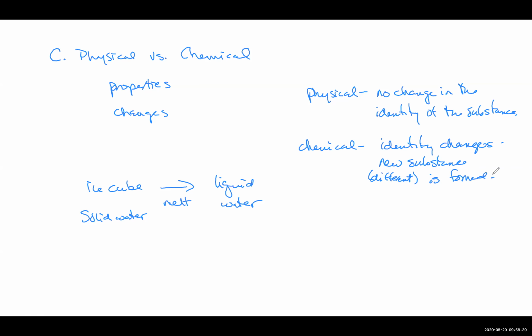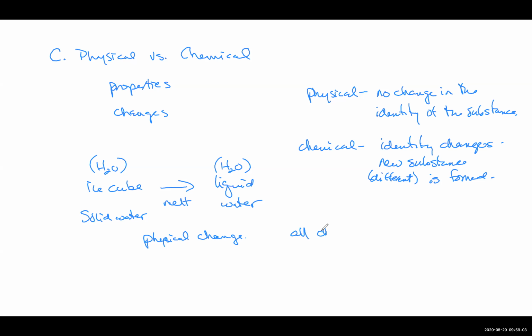So with that piece of information, what do you think? An ice cube melts. An ice cube is water, H2O. Liquid water is H2O. Did it change its identity? No. So therefore, when you melt things, this is a physical change. Any change in the state of matter is going to be a physical change.